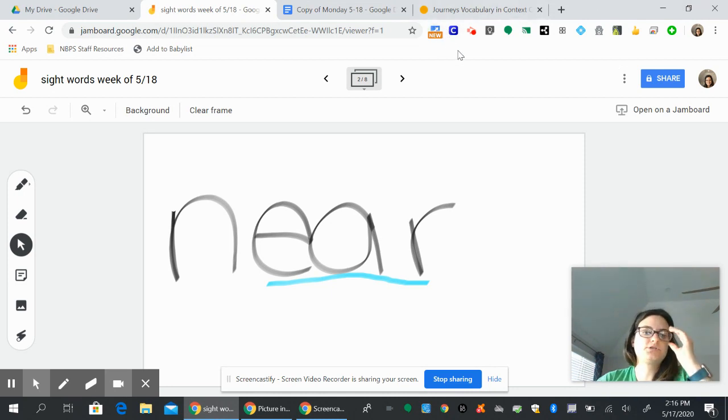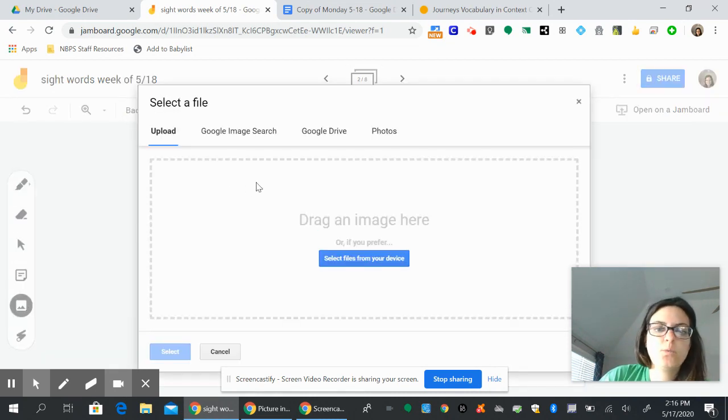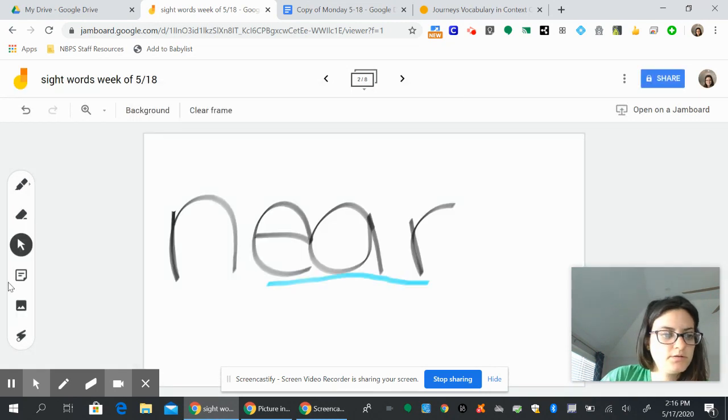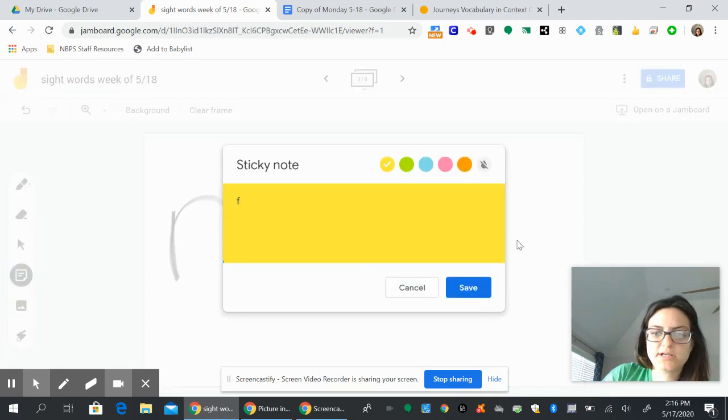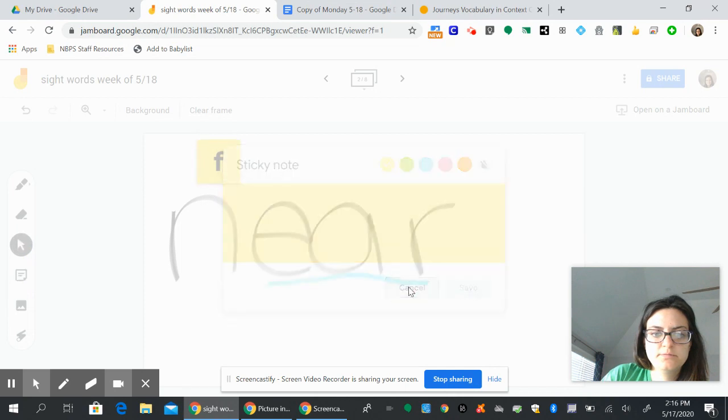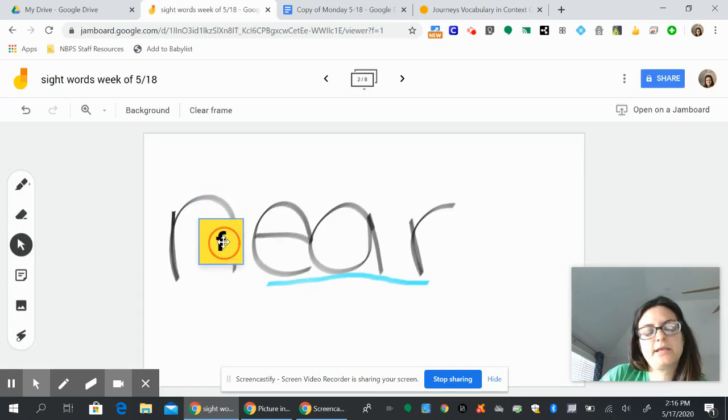How many letters are in the word near? Good. There are 4. What if I do this? What does that make? Ear.